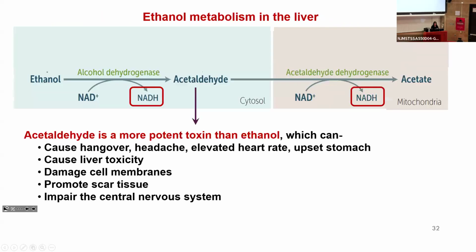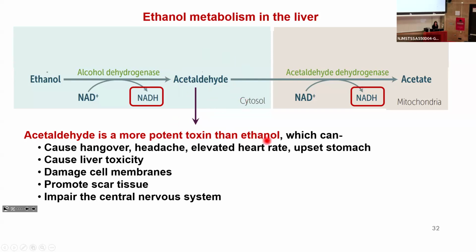It's a little bit easier to look at it this way: if you're ingesting ethanol in drinks or whatever, ethanol gets converted into acetaldehyde, an intermediate here. There's an enzyme that does this, alcohol dehydrogenase, and it's the acetaldehyde that's really providing the toxicity.